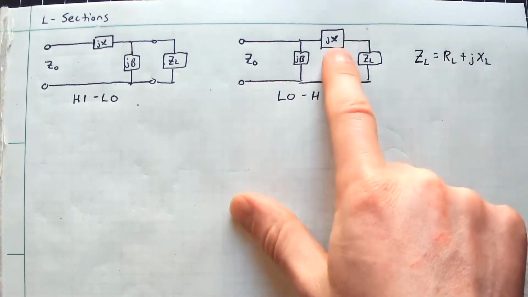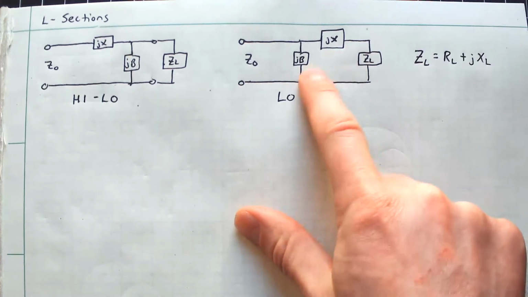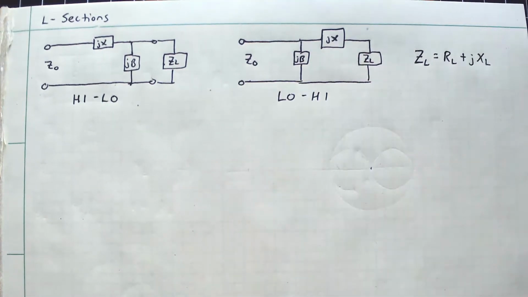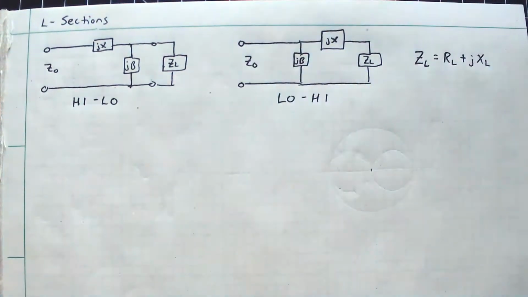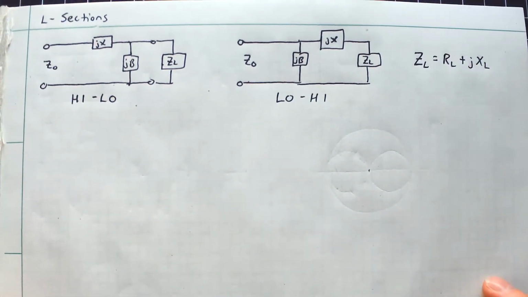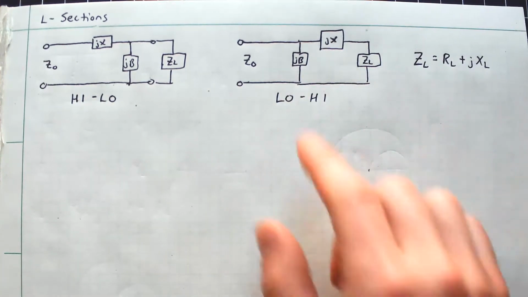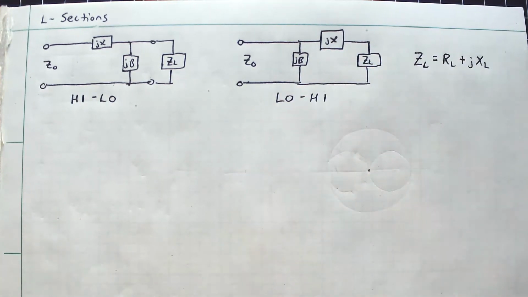But what's neat is there's no real loss in these terms here. So I'm actually still getting all of my power to go to the load without any loss of efficiency in these reactive elements, at least in principle, right? Because any real element will have some intrinsic loss, but ideally it'll be very small, which means you can get a very strong match.